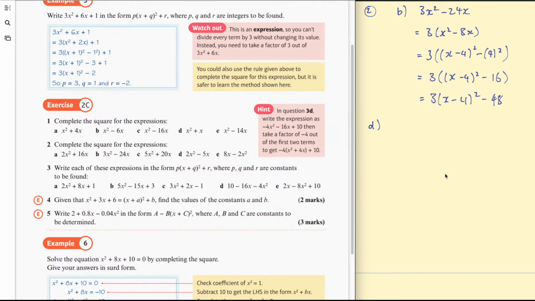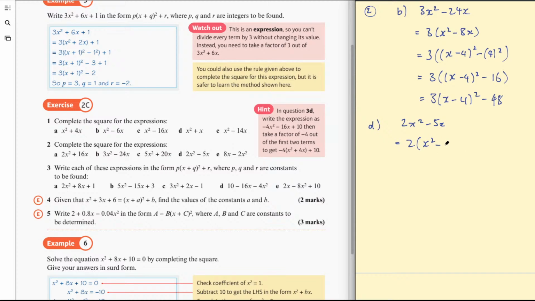Okay, so D, we've got 2x squared take 5x. Here we can't evenly factorize 2, but we still have to factorize. We need that x squared to have a coefficient of 1. So factorize the 2 out.